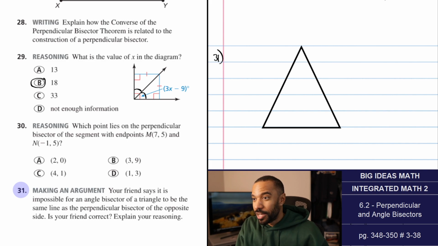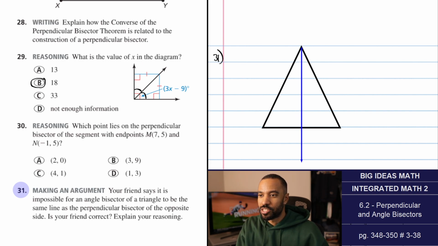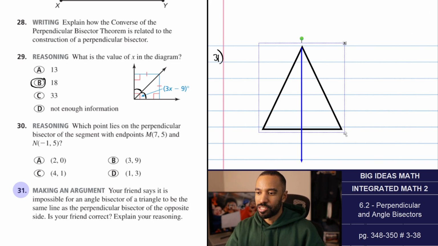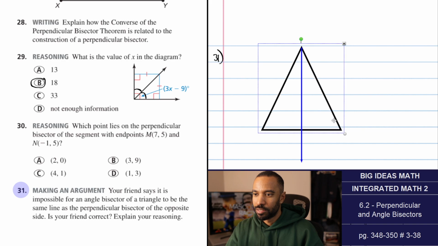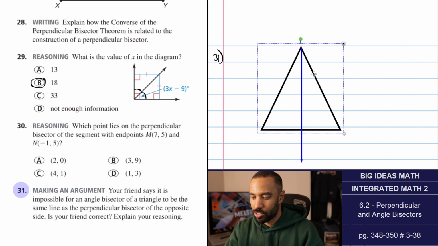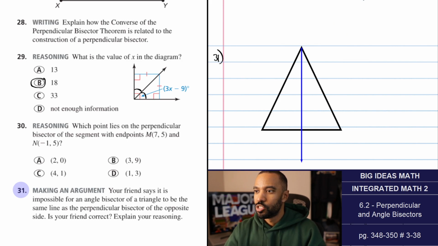Let's say that I have some angle bisector, like this guy. This angle bisector right here. You see how it bisects the angle? See how it nicely divides this into two congruent parts right here and right here?